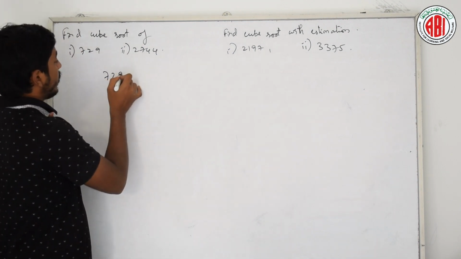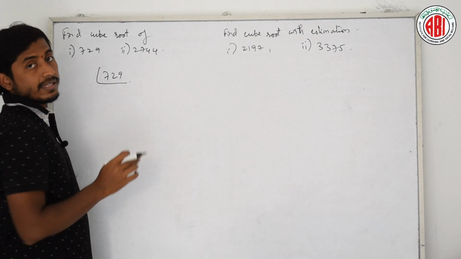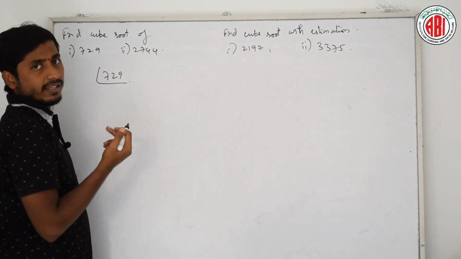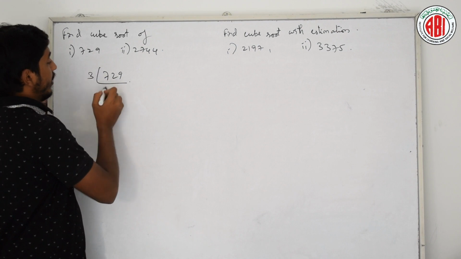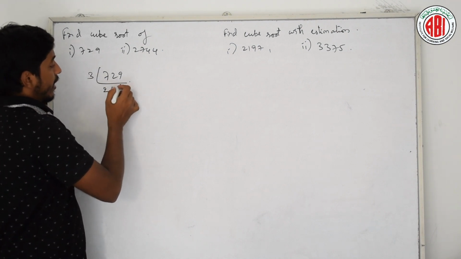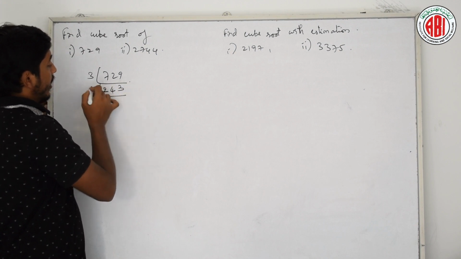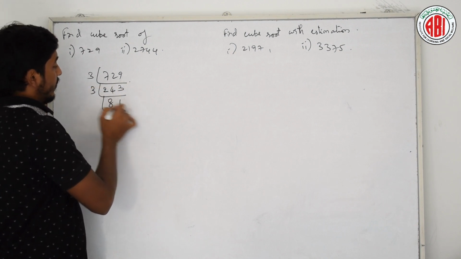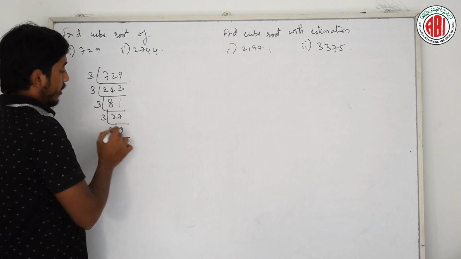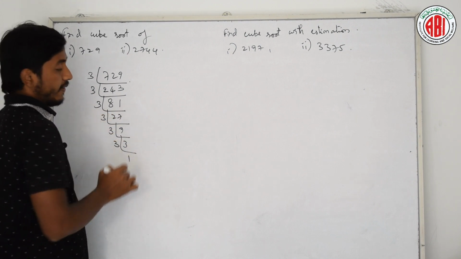How do we do it? Let us take which table? Here it is 7 plus 2 plus 9, which is 18, so it goes in the 3 table. 3 2s are 6, 3 4s are 12, and 3 3s are 9. Again, 3 into 27, 3 into 9, 3 3s are 9 and 3 1s are 3.